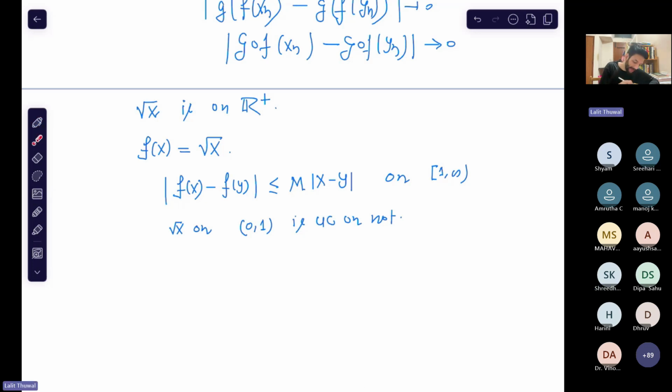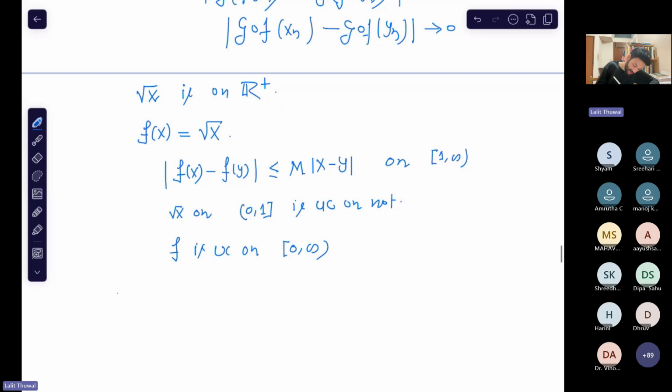Right. So what do we get? That this function is UC on this interval, and this is UC on this interval. So f is UC on zero to infinity is true.